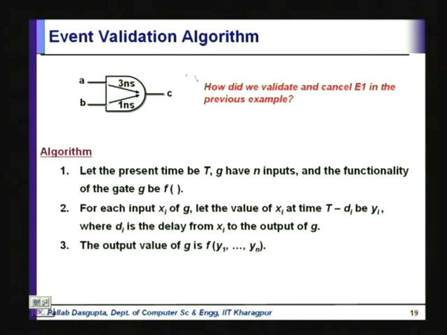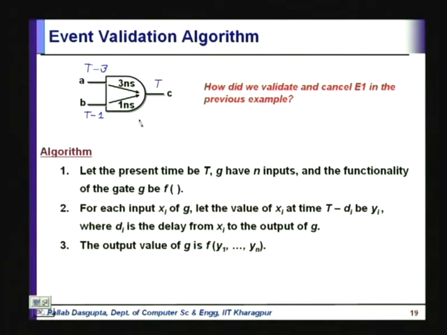So, for example, when I want to evaluate the value of C at time t, I will look at the value of A at time t minus 3, okay, and I will look at this one at time t minus 1, right.